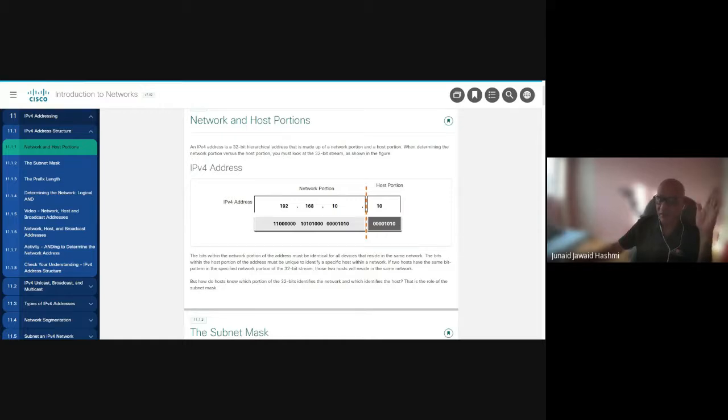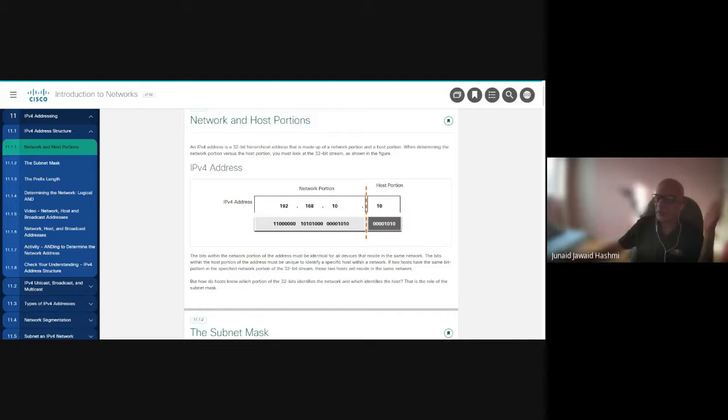Okay, there are classes of IP addresses: A, B, C. And you can tell by looking at the IP address if it's class A, class B, or class C, and therefore you know what part is what.